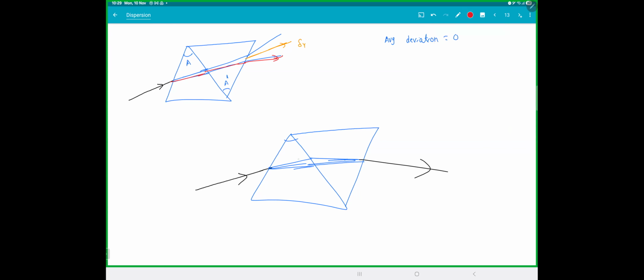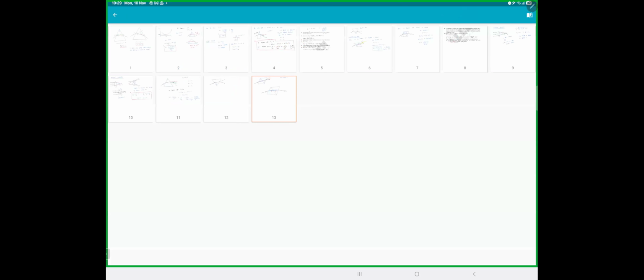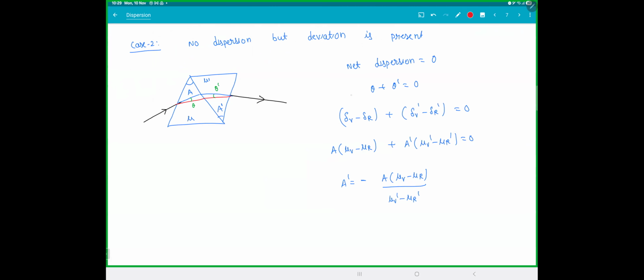That means whatever is the dispersion here, theta, this will be minus theta, isn't it? One is expanding and one is compressing. So here the net dispersion is 0. And what is dispersion? Delta V minus delta red. What is delta? A into mu V minus mu R. So if you have this angle and send white light, you get white light outside.